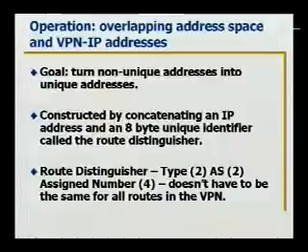So in order to solve this, we use a new address type. The goal is to turn these non-unique addresses into unique addresses. And we do this by concatenating an IP address with an 8-byte unique identifier, which is called the route distinguisher.